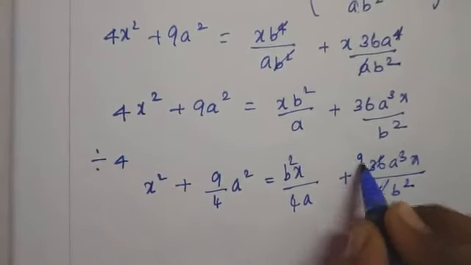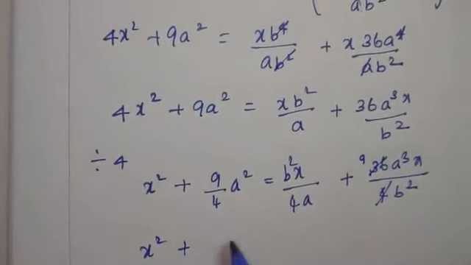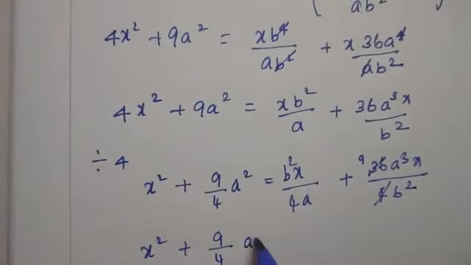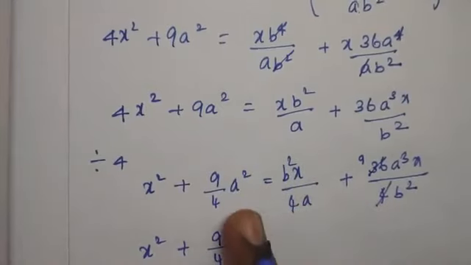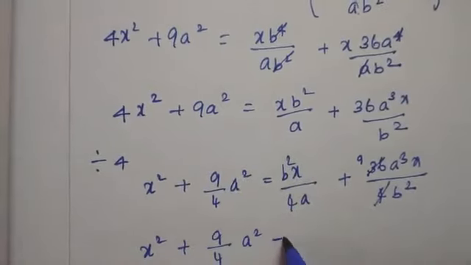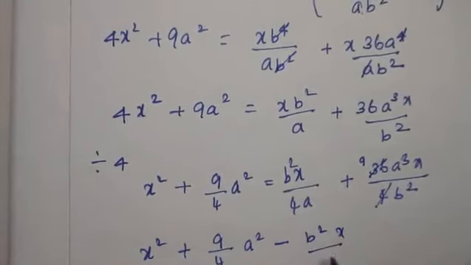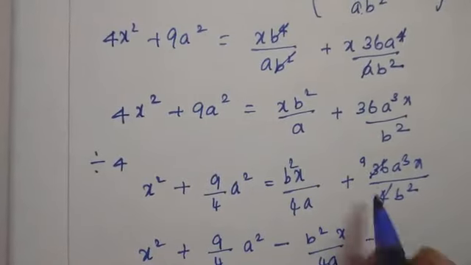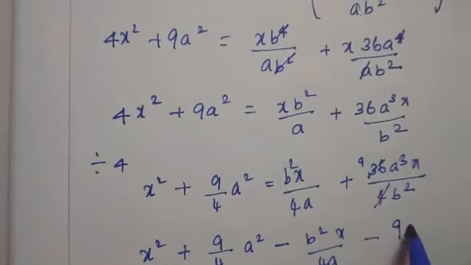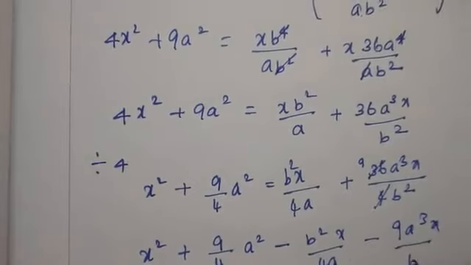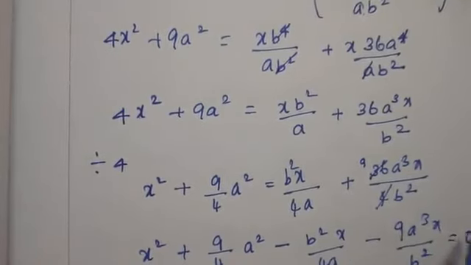These two will be cancelled, so it is 9 by 4a square. If you are taken out this into left hand side, minus b square x by 4a minus 9 into a cube x divided by b square equal to 0.